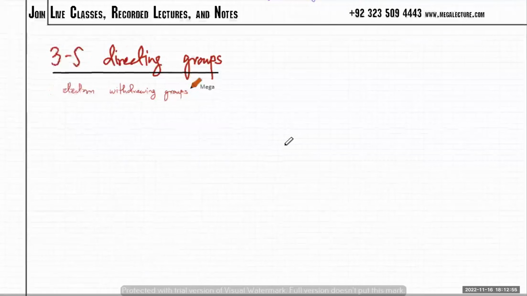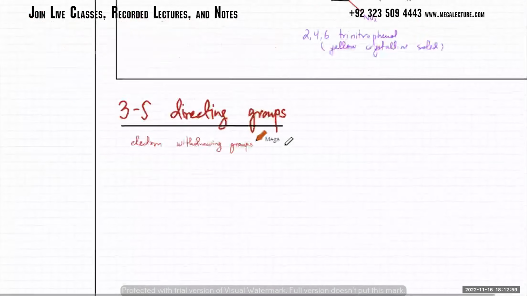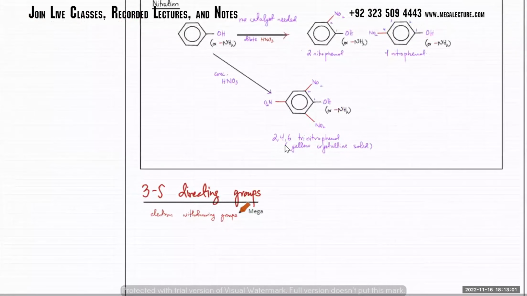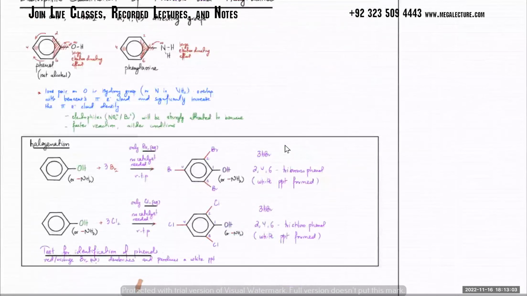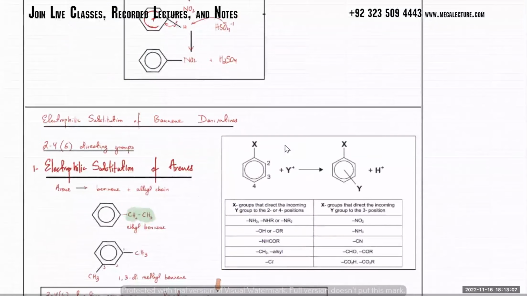So you've got electron withdrawing groups, और वो यहाँ पे electron withdrawing groups, we've already mentioned some electron withdrawing groups जो कि यहाँ पे है, ठीक है.